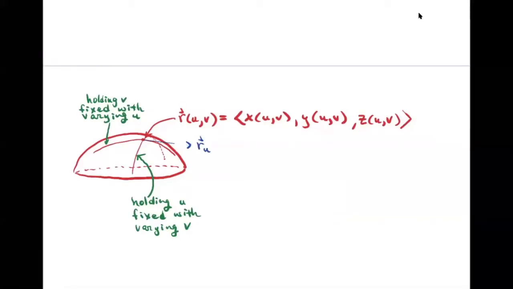Okay, best I can do. There we go. And then I'll do R_v. That's holding U fixed and letting V vary. So I'll get a tangent to the other curve. So this one here I'll call R_v.